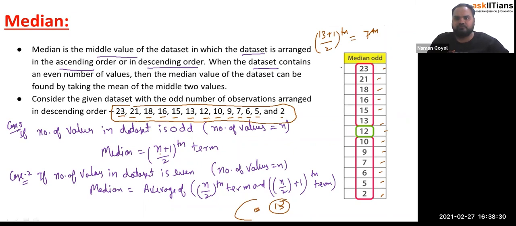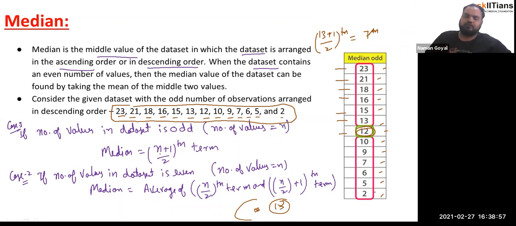This is first, second, third, fourth, 5, 6, and 7. So if you see, 12 is the median of this particular data. Are you getting my point? Okay, so you can do this, right? Fair enough.